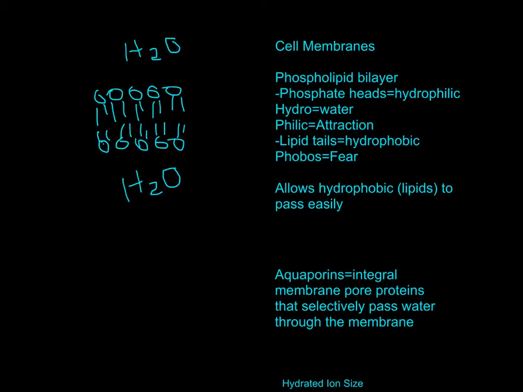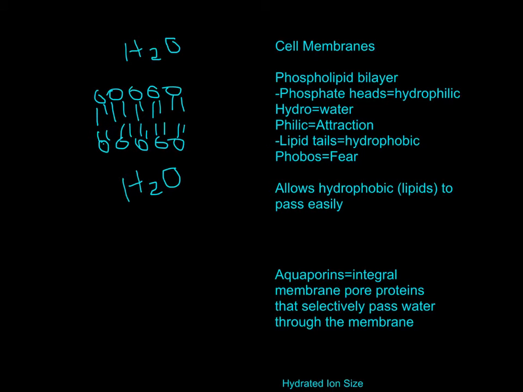And so what happens is you have your phosphate heads that like water, hydrophilic. So these phosphate heads like the water, so they'll be facing outwards and they'll be facing inwards. And so the lipid tails, right? They don't like water, so they'll actually face each other, and that's why it creates this structure. And so this actually allows hydrophobic lipids to pass easily, right? Because H2O can't go through since it has to go through the lipids on the inside. However, a lipid can easily just travel through because all of this is lipid.